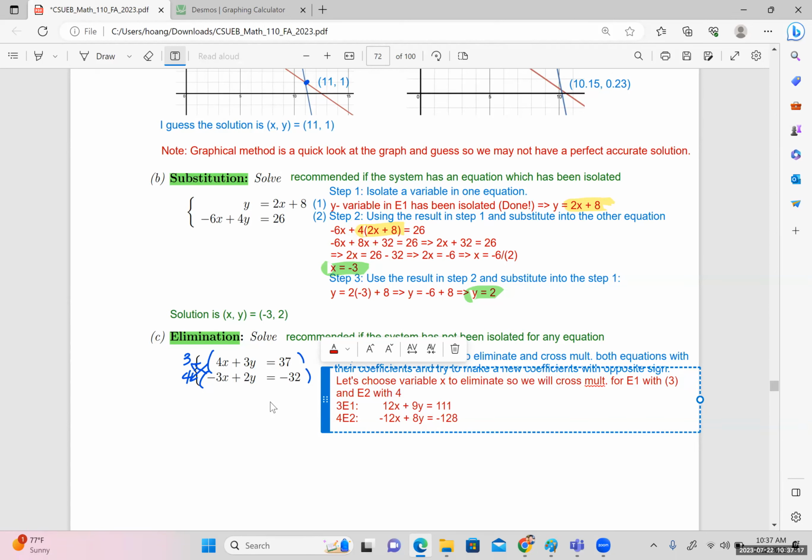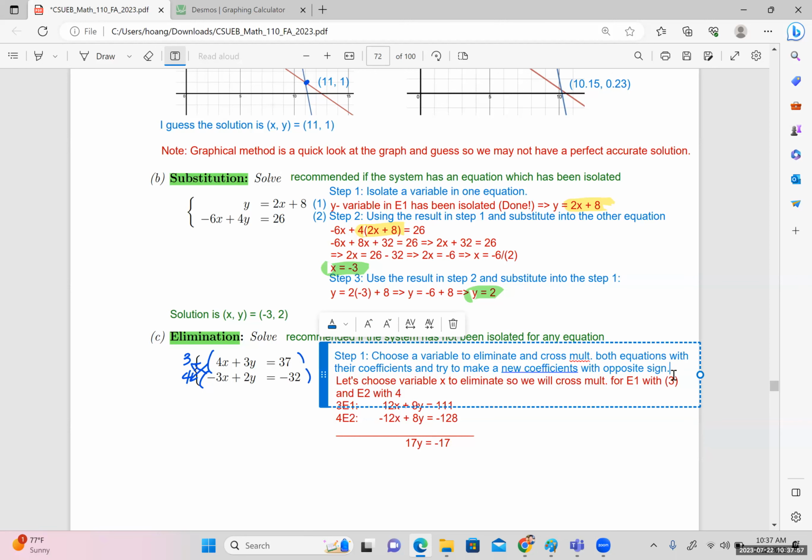Okay. So what I need to do now is I add both, I'm gonna add them up, right? Step 2 is add them up. So I will have 0x and 17y on the left hand side, and the right hand side will give me negative 17.